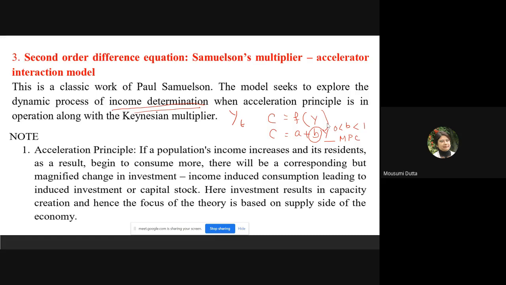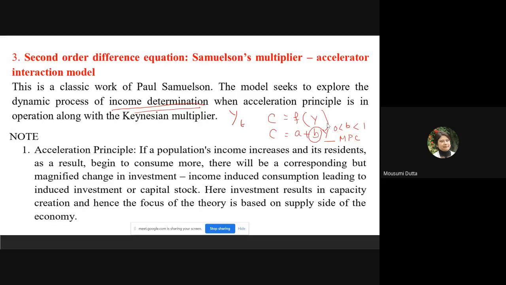So as you move towards a very high income level, you will find that only a very small fraction of changed income will come in changed consumption. dC by dy will be very, very small and is moving towards 0.